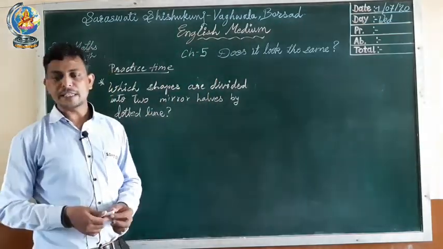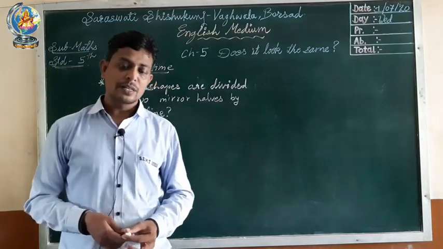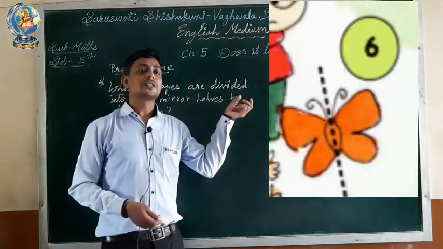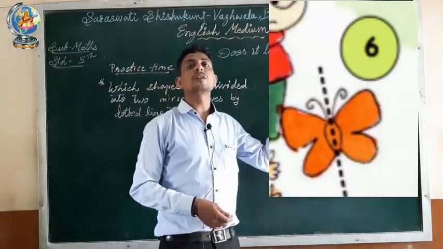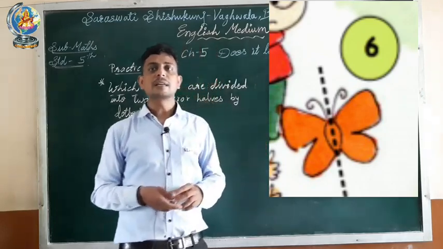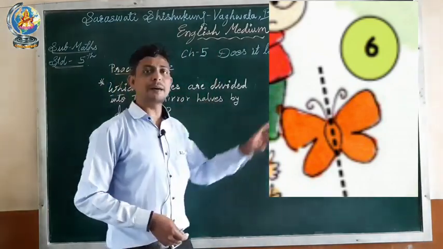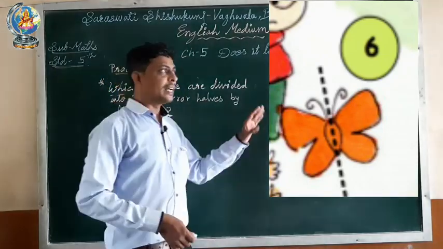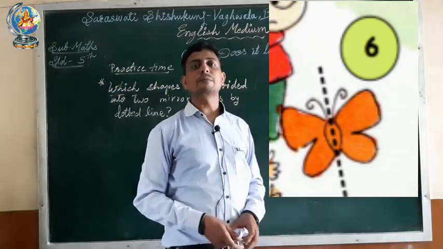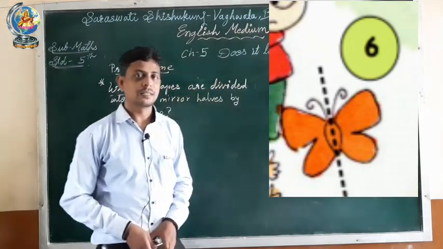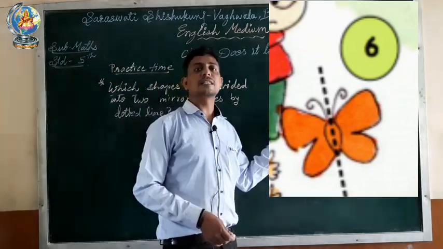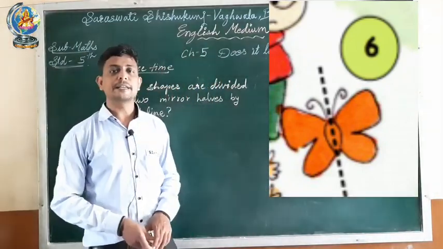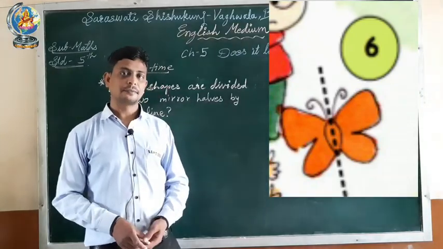Now we will see the sixth picture. The sixth picture is of a butterfly. The butterfly is divided by the dotted line, and if you observe carefully, it is divided into two equal halves. That's why the sixth is also divided into two equal halves.